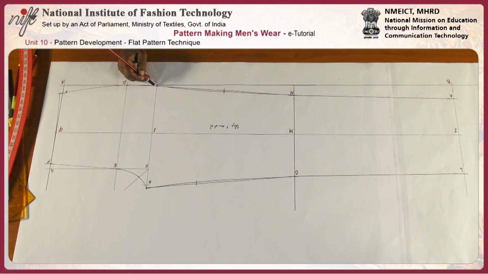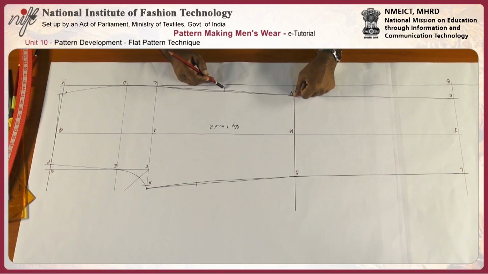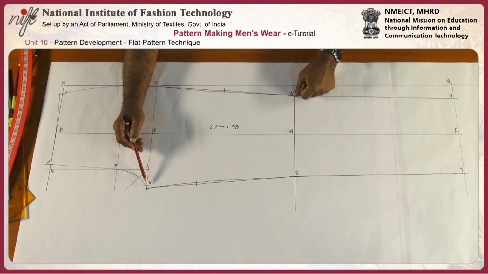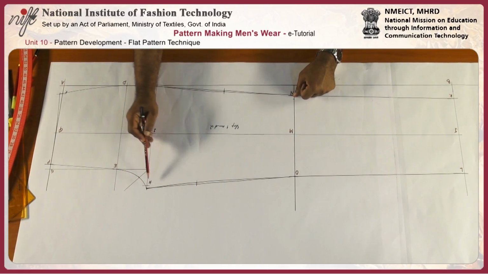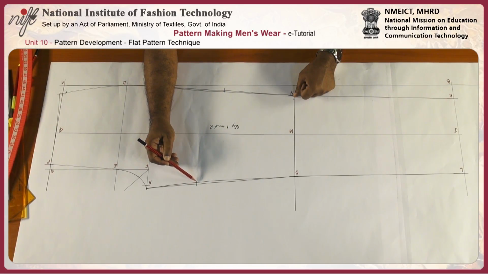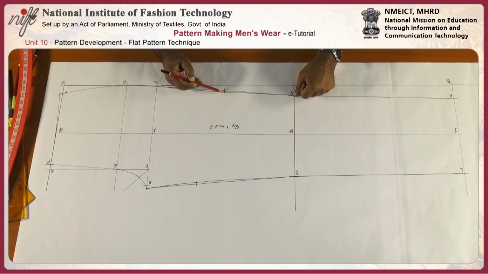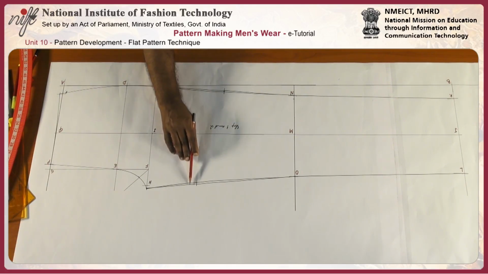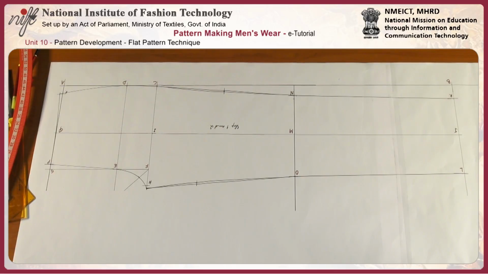Then connected N and C with the straight line, marked the midpoint, connected O and H plus half centimeter and marked 1/3 of OH. Then on the markings measured 4 mm in, 3 mm in at the side seam. Then blended with the help of the hip curve on both sides, out seam and in seam.